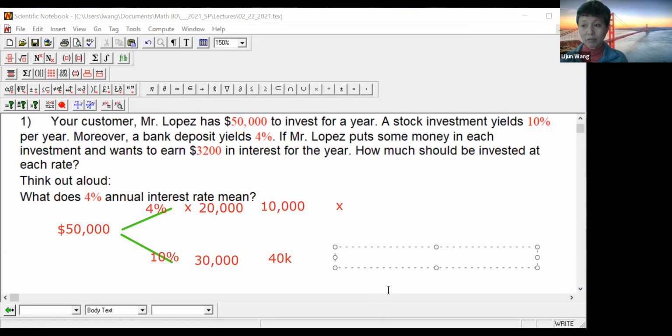The total is 50,000, right? And we put 20,000 and the other account will have 30,000. You put 10,000, we'll have 40,000 in the other account. Suppose we put X dollars in the 4%, how much will be left for the other account? Will there be a formula for it?